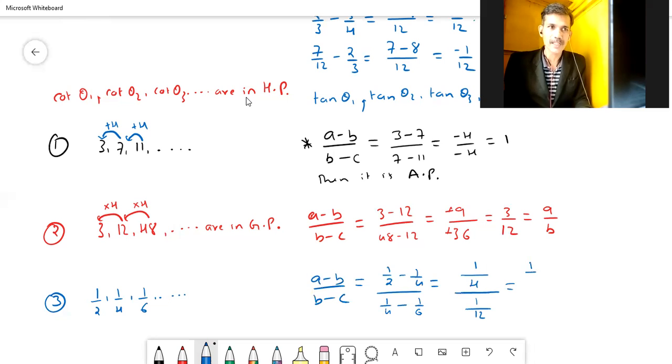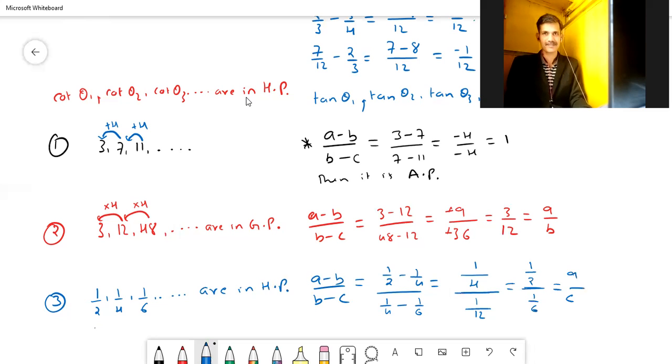Multiply both numerator and denominator by 2: here you get 1 upon 2, here 1 upon 6. 1 upon 2 is nothing but the first term, and 1 upon 6 is the third term. If this ratio is a upon c, then such a sequence is in harmonic progression or harmonic sequence.